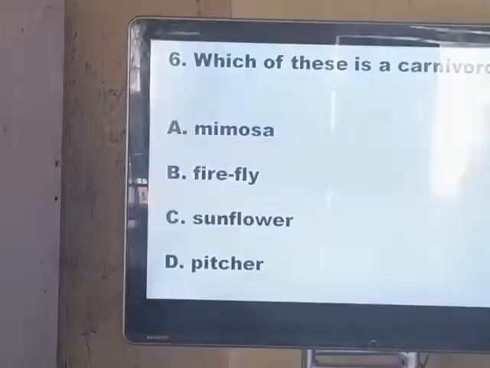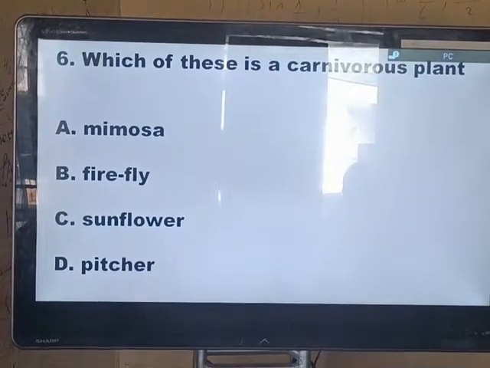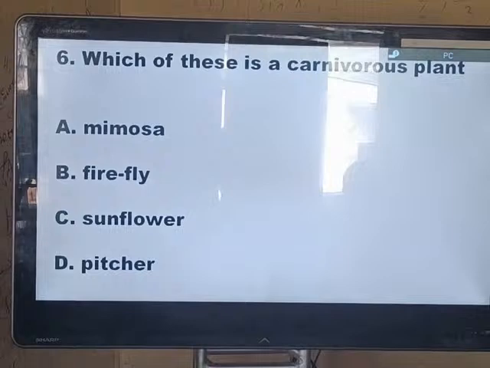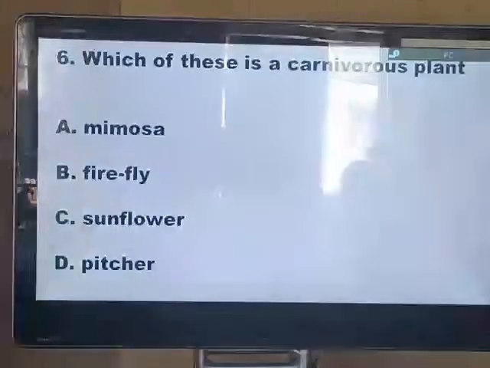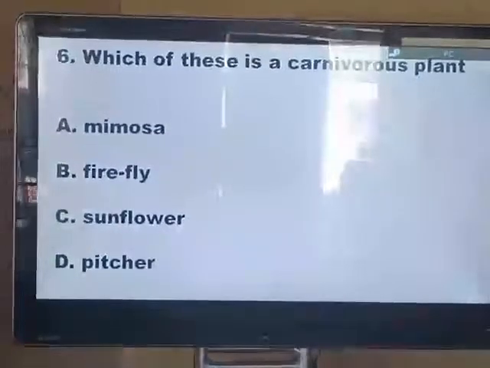And there are several examples of them. Pitcher plant is an example, so you can see that the correct option for that is D. Not only that, you have bladderwort, you have sundew, you have Venus flytrap, and so on and so forth. So you must know that carnivorous plants are sometimes called insectivorous plants. You must also note that carnivorous plants are not just found in any area.